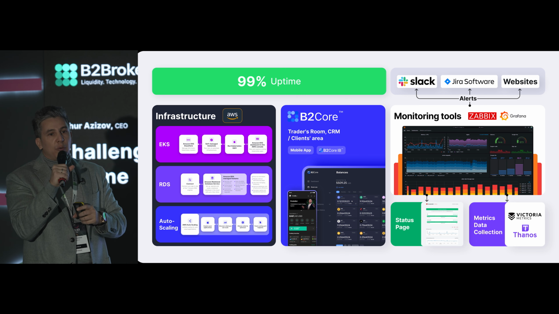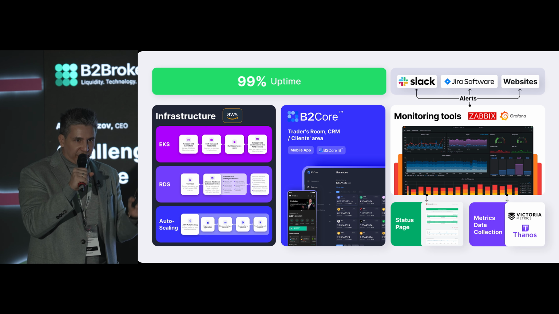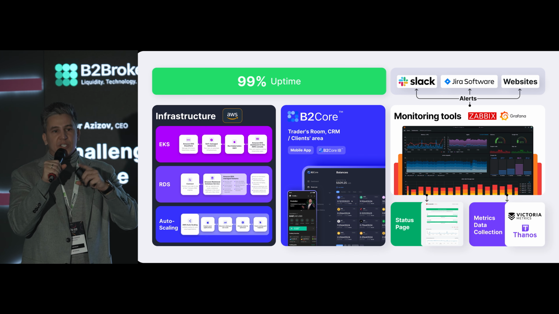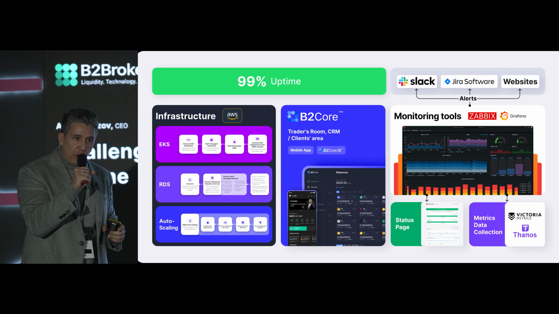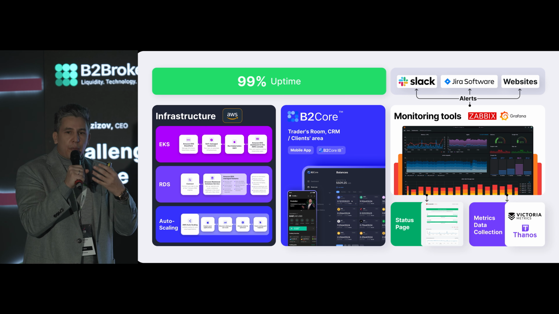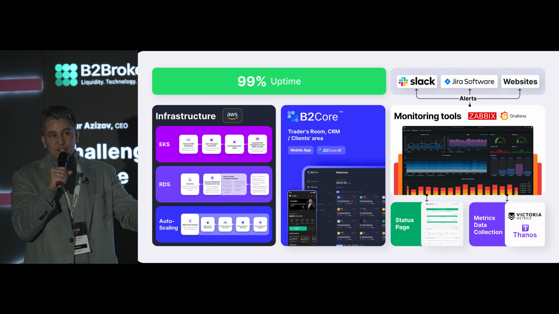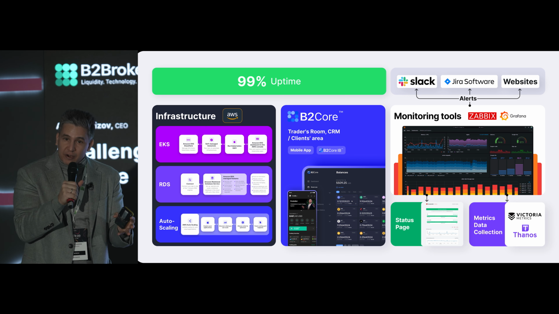But the problem is that getting Kubernetes up and running is a very complex task. Even if you hire two, three, four DevOps people, it requires so much effort from their side, and you have to find very skilled people.